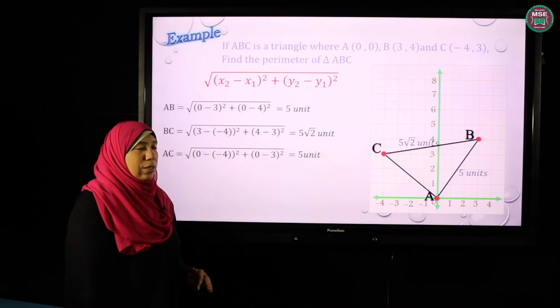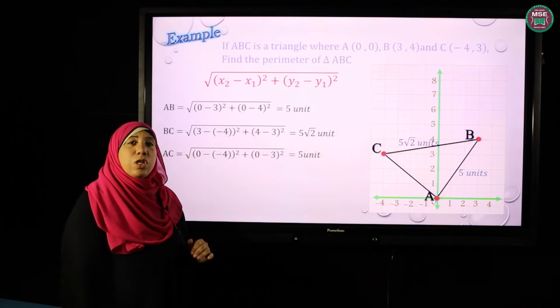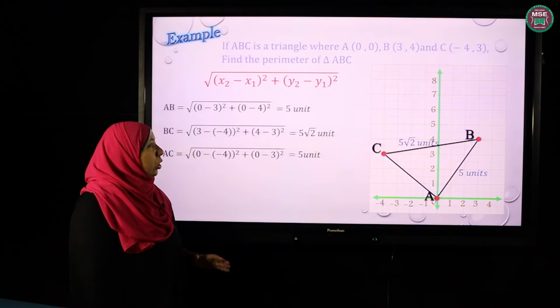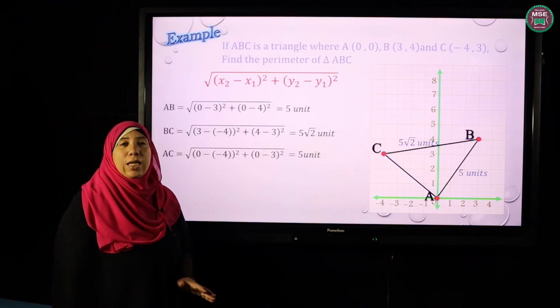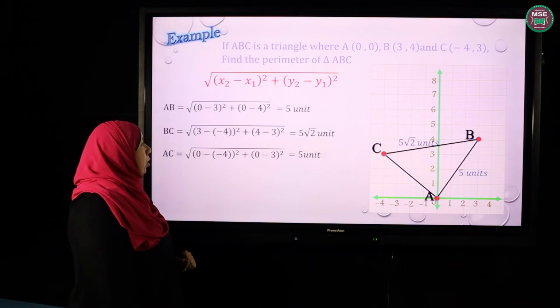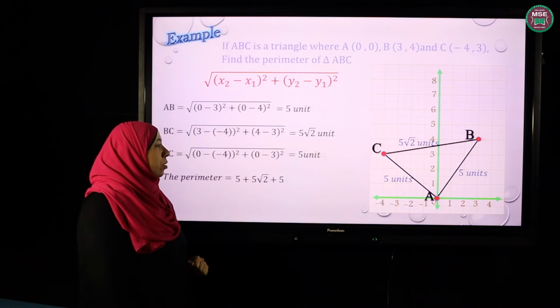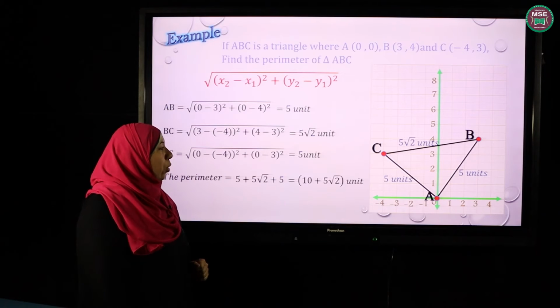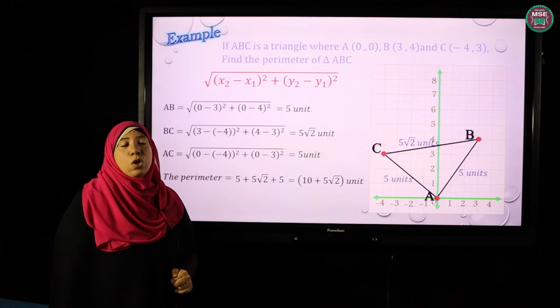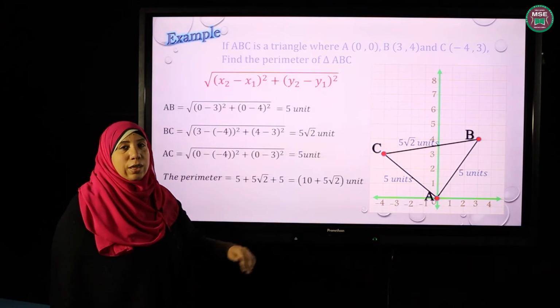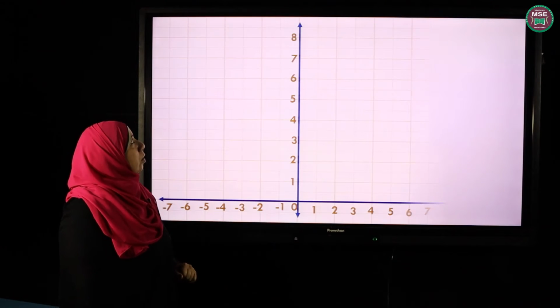So I will repeat using the rule every time you want to find a distance between any two distinct points. So the perimeter here will be the sum of the three sides, 5 plus 5 root 2 plus 5, equal 10 plus 5 root 2 units. And this is okay to find the length in this way.